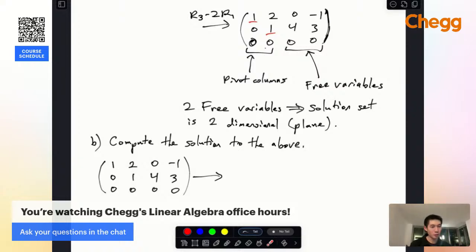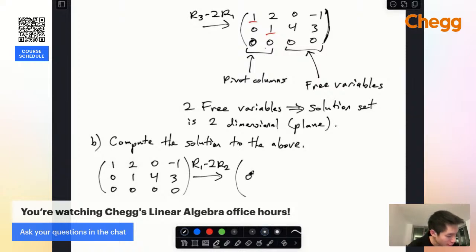Remember, for reduced form, you want the columns with the pivots to just have this single 1 as the entry. So this column is okay. Everything else is a 0. But in this column, we want to turn this 2 into a 0. And so let's do that by taking the first row and subtracting twice the second row.